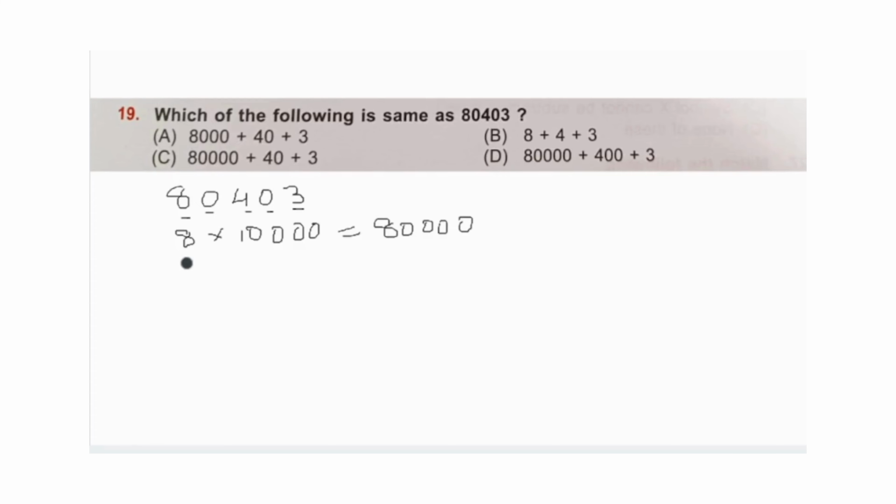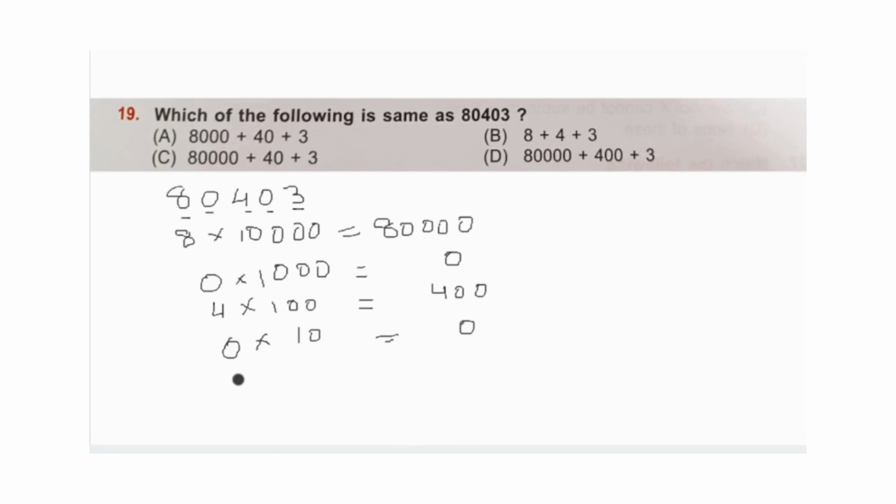The next digit is 0 at the thousands place. So 0 into 1000 is 0. Then you have the digit 4 at the hundreds place, so you multiply it with 100 and you get 400. Then again you have 0 in the tens place, which you multiply with 10 and the result is 0.